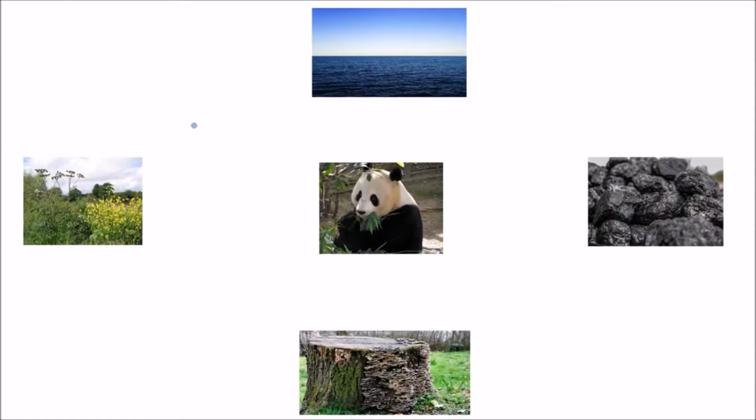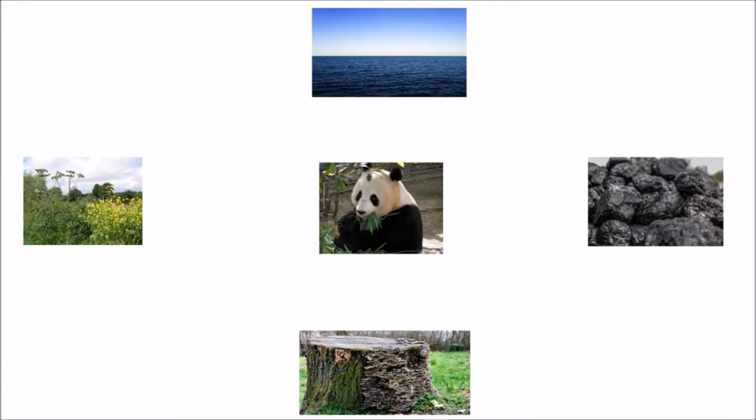There are 5 ways in which carbon is stored. So each picture represents one of these. So this is an animal, which represents all animals. Here we have plants. Here we have the air and the ocean. Here we have fossil fuels. This is a picture of coal. And here we have dead organisms.